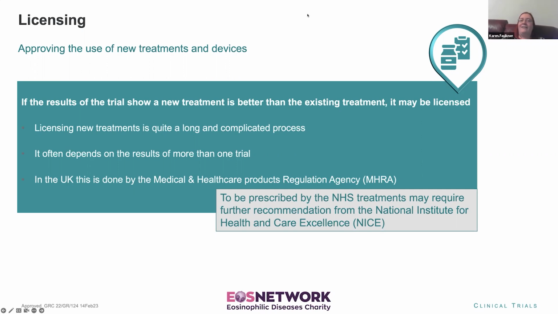I'm afraid money again, they look at the cost and whether they think it is financially suitable for prescription on the NHS. And they will look at the other treatments that are available and see, actually, do they think that's better in terms of the NHS? But it's a very long process. So just because you've seen in the press that a trial has had a positive result, it doesn't mean that next week you're going to be able to get the drug. It can take several years for that to come through, unfortunately.